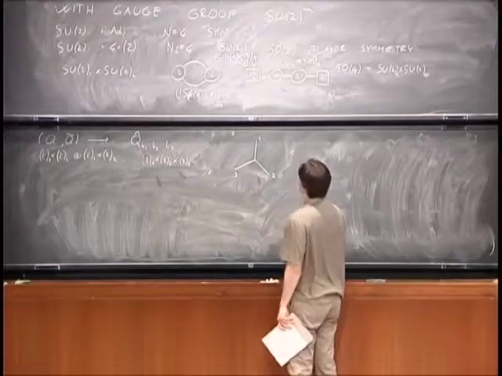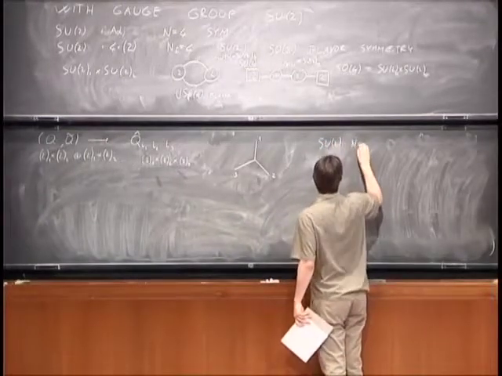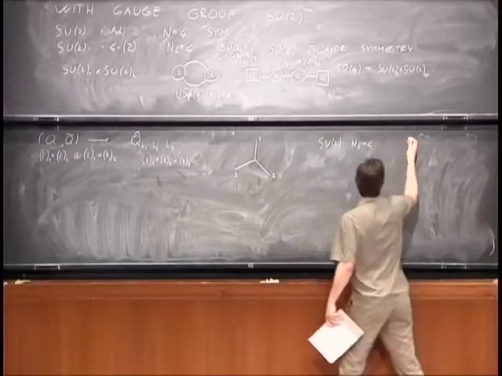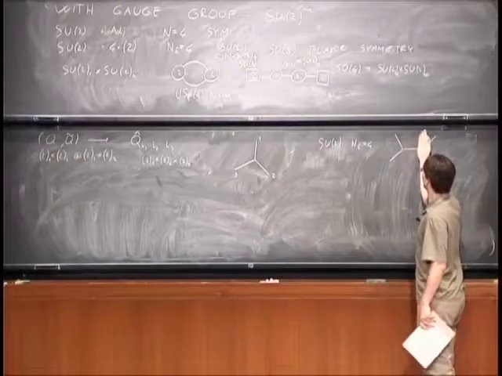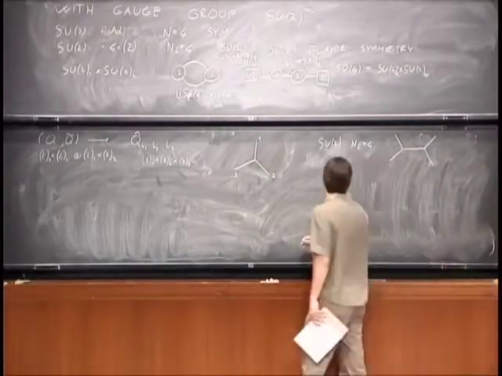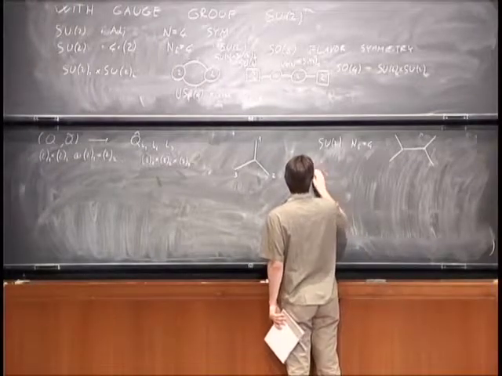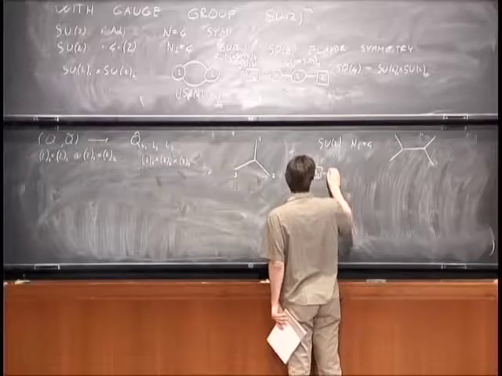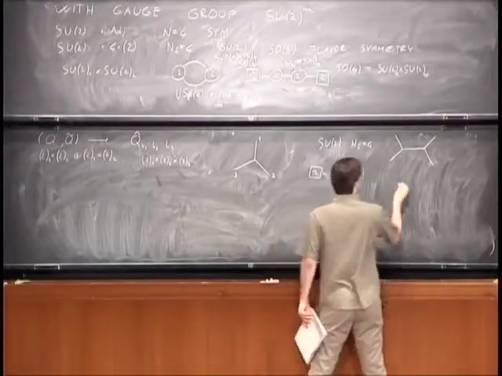So, for example, SU(2) and F = 4 will look like this. I take 2 of these blocks and I gauge them together. This other theory, which I denoted first like this, can be represented.